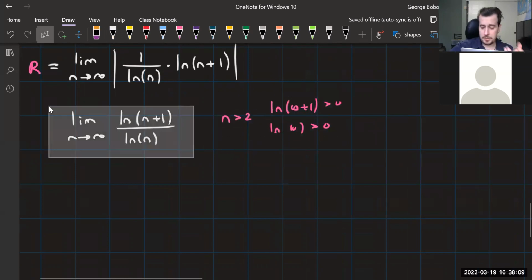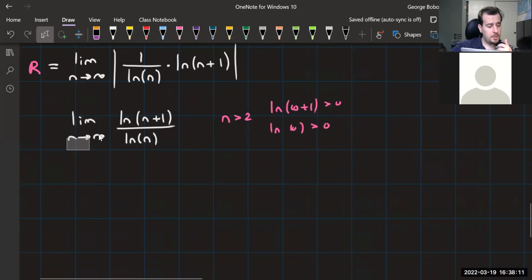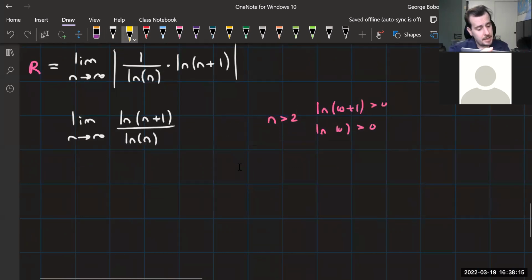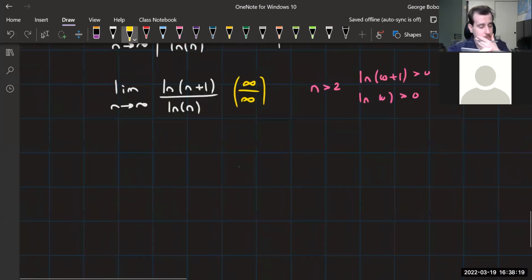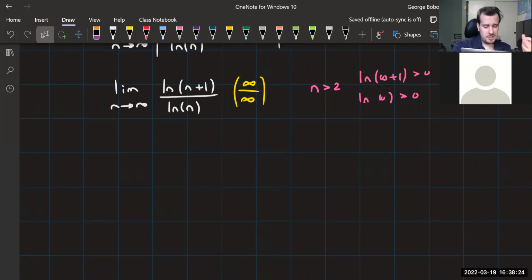So you're dealing with this limit here, Kelly. If I plug in infinity right now, what I get is infinity over infinity. Is this a special form in limits where I can use a special rule, someone's rule, for solving this kind of limit? Whose rule? L'Hopital's rule.